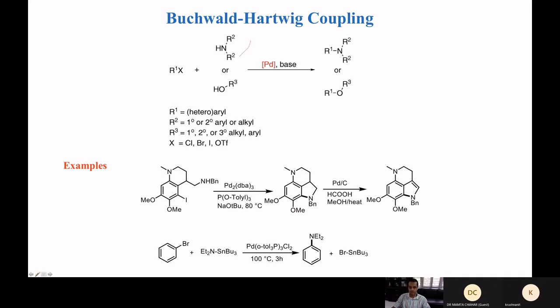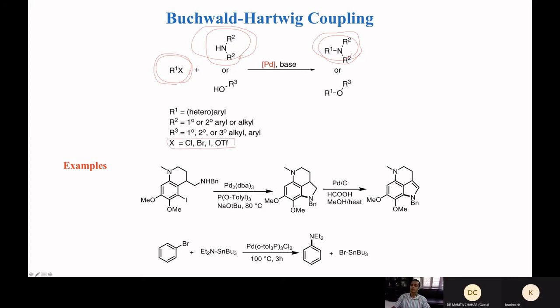So if you start from a primary amine, you will get a secondary amine. If you start from a secondary amine, you will get a tertiary amine. And the organic halide involved in these cases is usually aryl halide. It could be aryl chloride, bromide, iodide, or triflate, or many other variations of it.